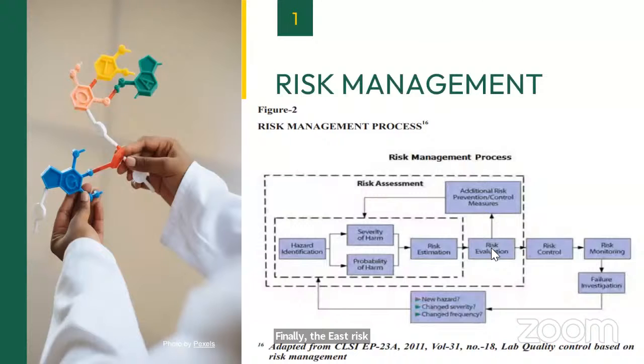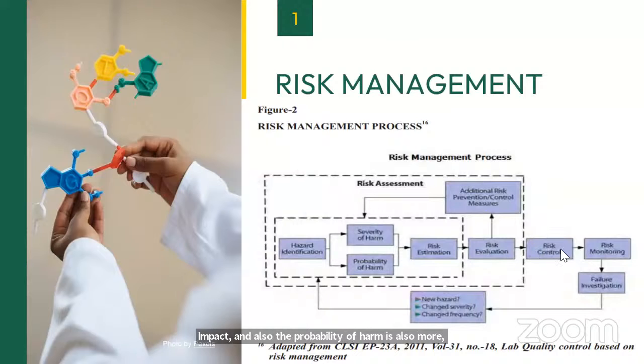If it is within acceptable limits, you may plan some additional risk control measures and you have to monitor. If there are chances that the risk can cause severe impact and the probability of harm is also higher, then it will be categorized as moderate to severe risk.